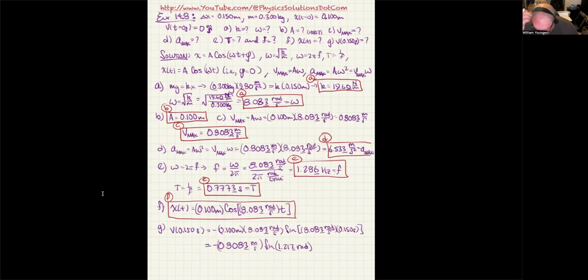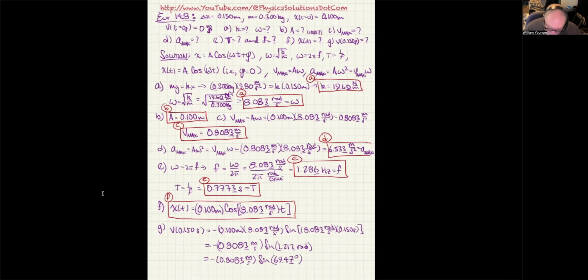I'm going to take the radians and multiply by 180 over pi, so times 180 and divided by 3.14159. That's going to give me negative 0.8083 meters per second times the sine of, now that I've converted that 1.212 to degrees, 69.47 degrees. So I'll take the sine of that.